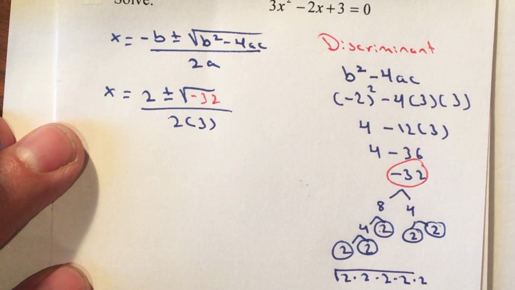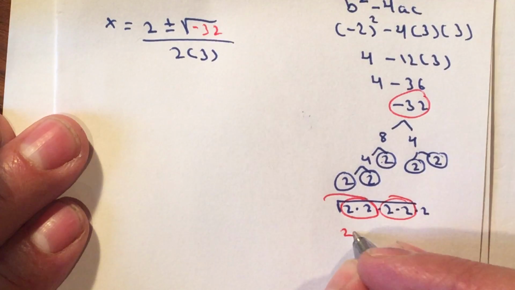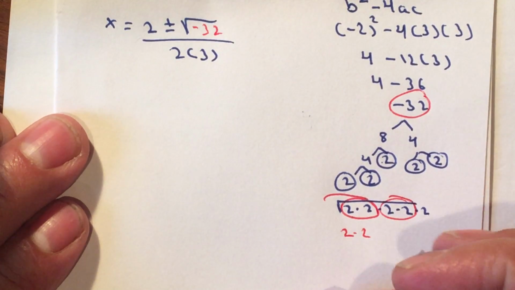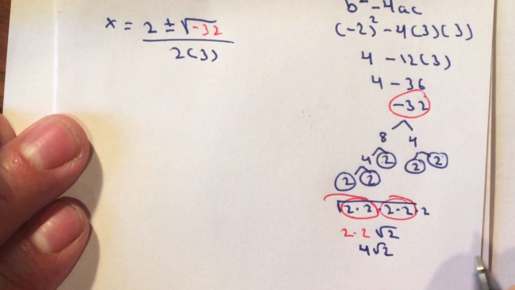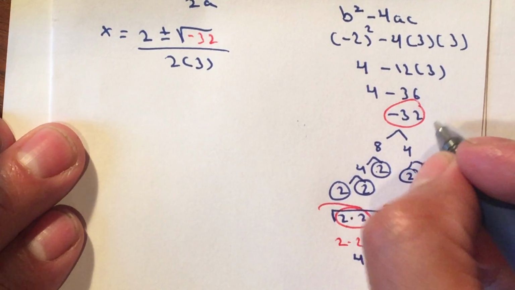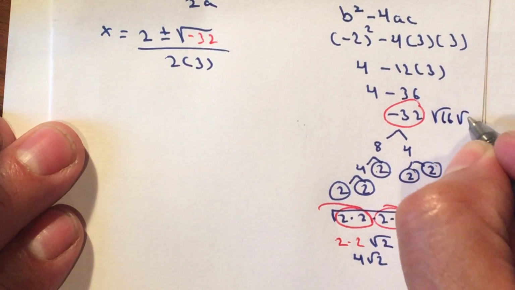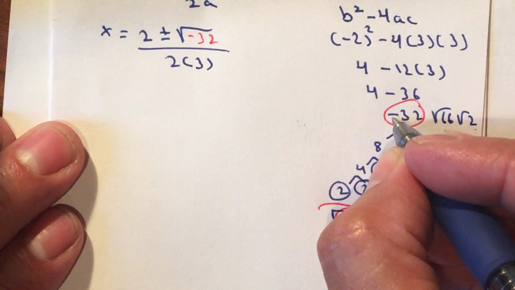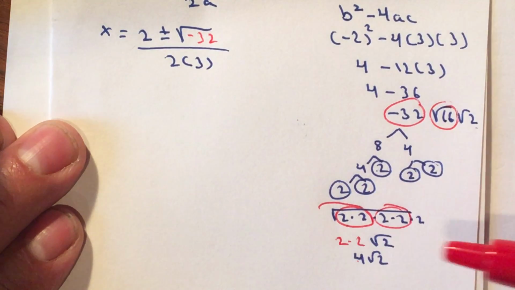And I'm going to take my pairs. Those come out. That one comes out. And inside there's a lonely 2. So it'll be 4 square root of 2. Or if you knew that it was square root of 16 times square root of 2, 16 times 2 is 32, and the square root of 16 is 4.